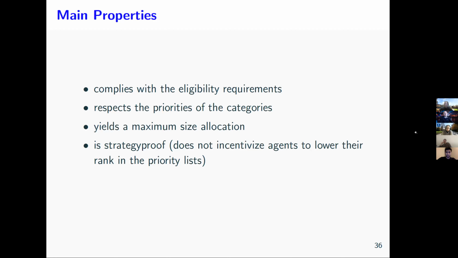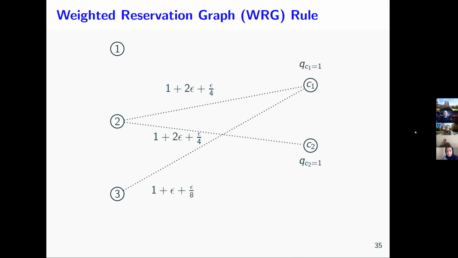Yeah. Could you please go back to the example, the graph example? And could you say why the third agent is 1 plus epsilon? I want to understand how you build this graph, and the first agent is 1 plus 2 epsilon. So 1 is for every edge.